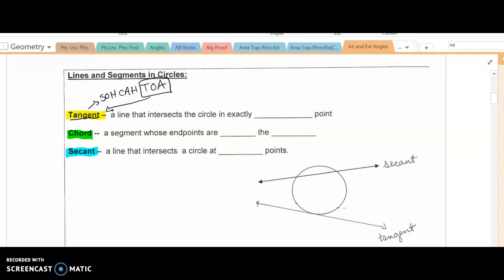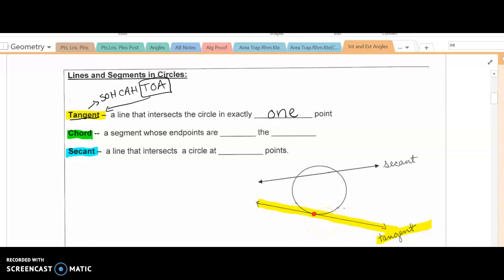It's not the exact same idea, but the TOA, tangent is opposite over adjacent, gets its name from this kind of tangent, which is a line that intersects the circle in exactly one point. So that's this line right here, and it touches the circle right here, and that's the only place it touches the circle, at that one point.